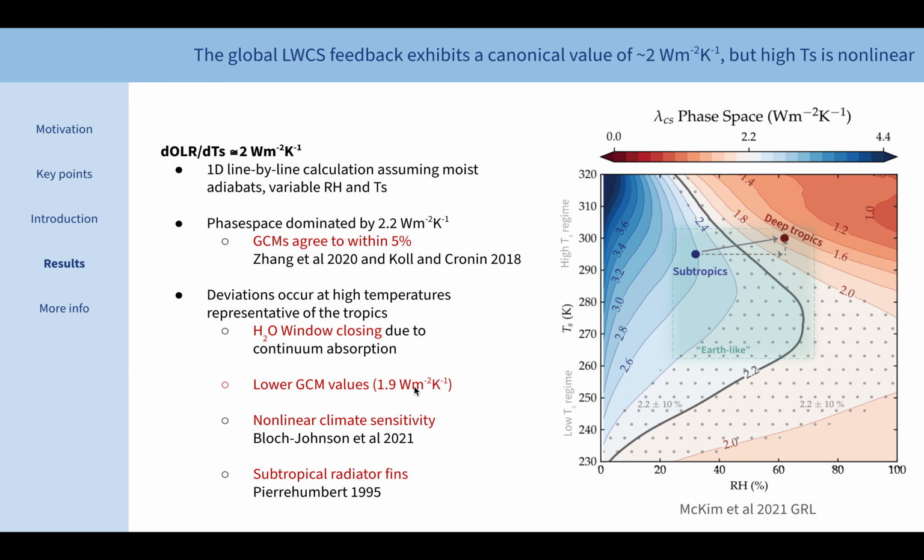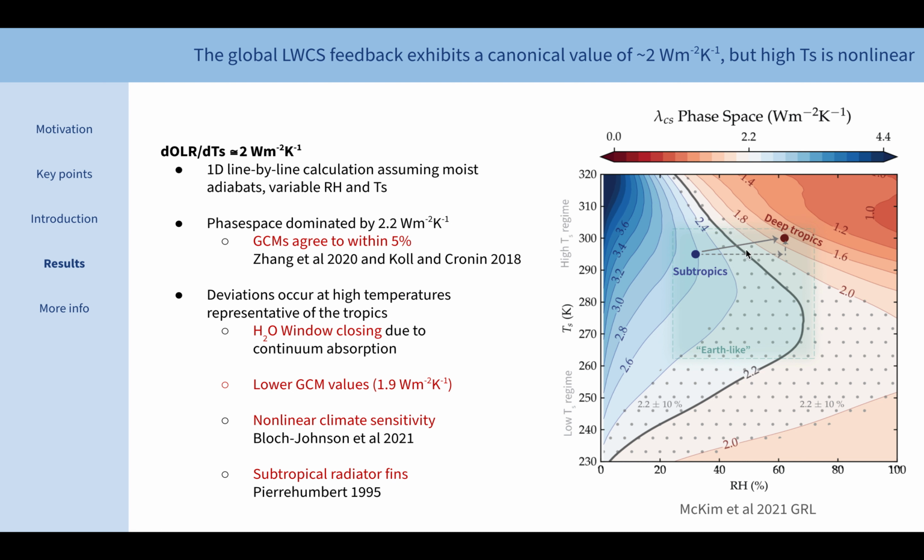This phase space also tells us a little bit about the enhanced, or nonlinear, climate sensitivity seen in other works. In other work, for example by Jonah Bloch-Johnson, they attribute the increased climate sensitivity with warming to a decreasing feedback parameter, namely the Longwave Clearsky feedback parameter.